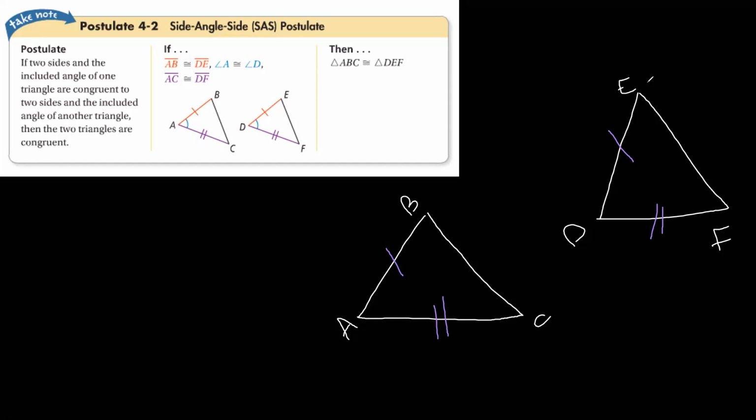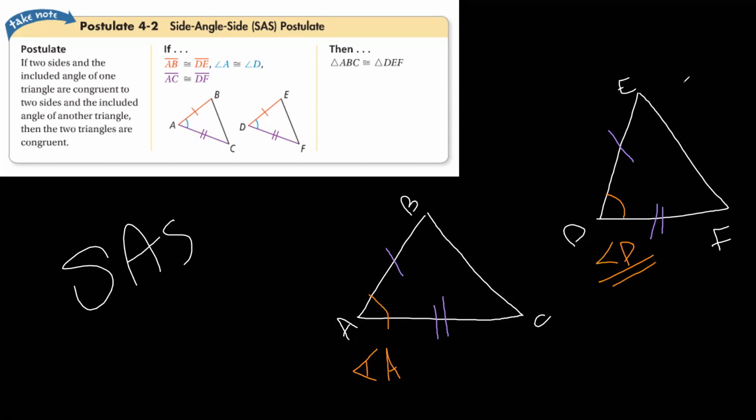I need an angle between them. Why? Because I use SAS. I need the angle which is included between them. If I prove this angle, which I name angle A, is congruent to angle D, then I will say that this triangle is congruent to the other triangle, if I use SAS.